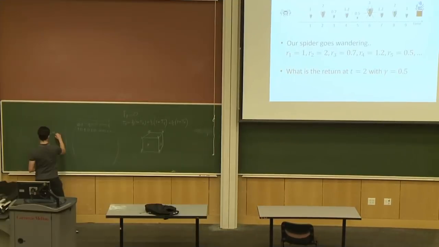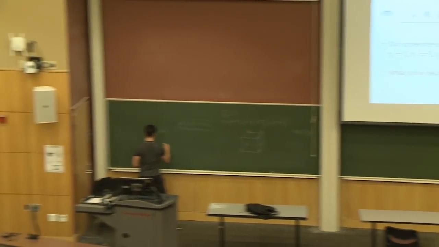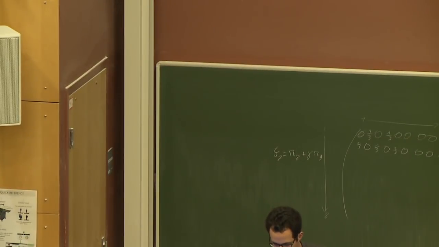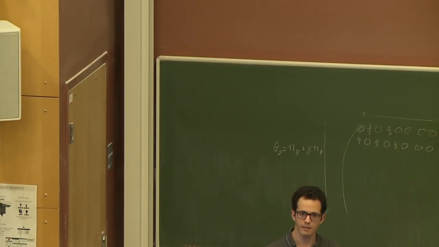So yeah, at t equals 7, that's going to be 2.5 actually. By the way, I didn't. Yeah. Why is that? Sorry.